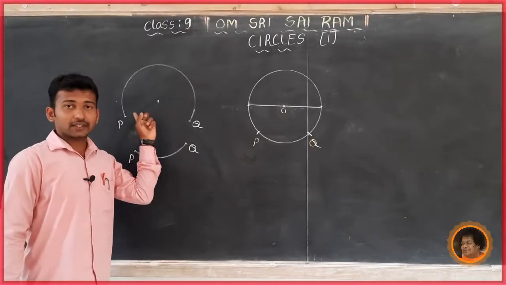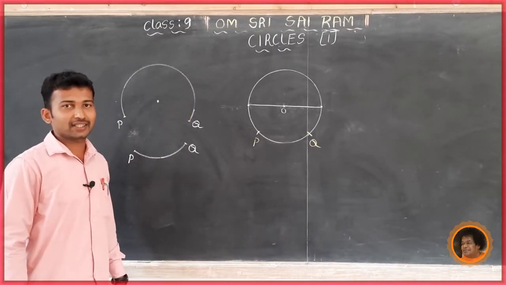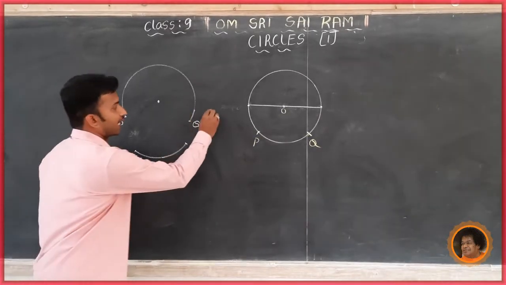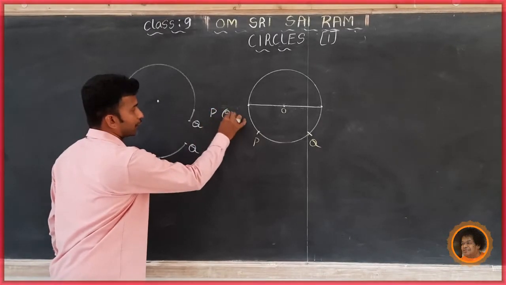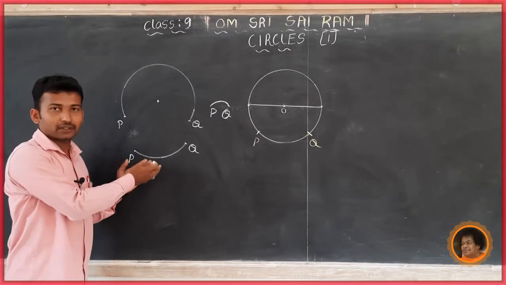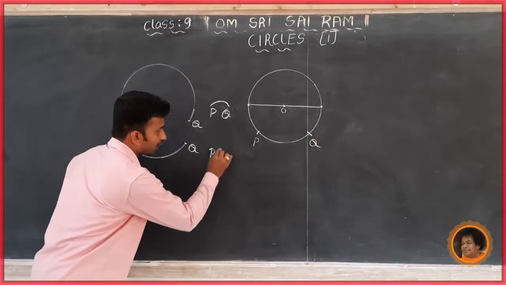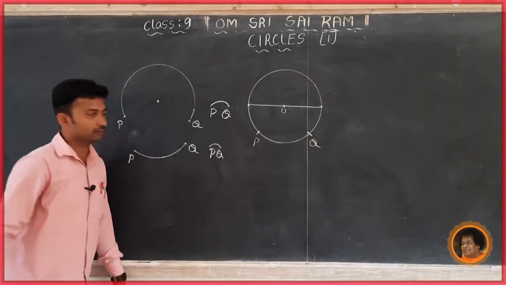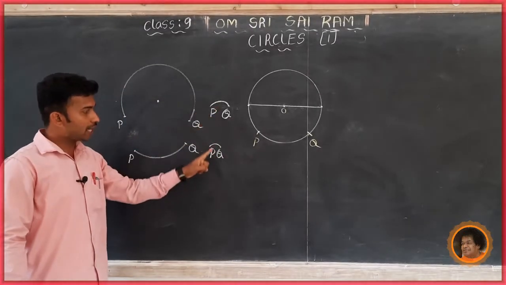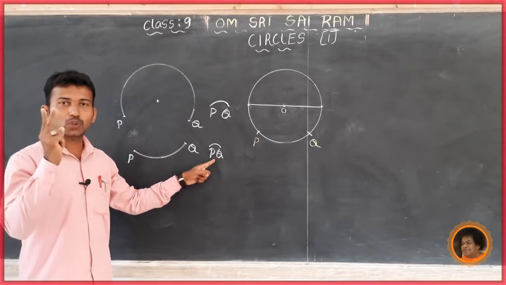The longer arc is also called a major arc, and it is represented by arc PQ. The smaller one is also called a minor arc, and it is also represented by PQ. So, PQ and one more PQ are called 2 arcs.